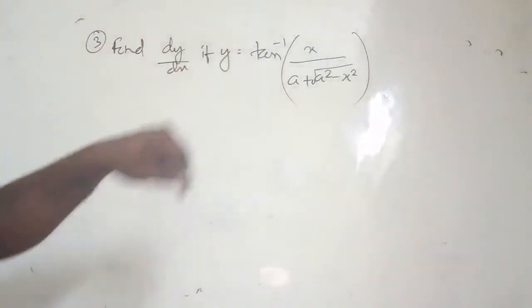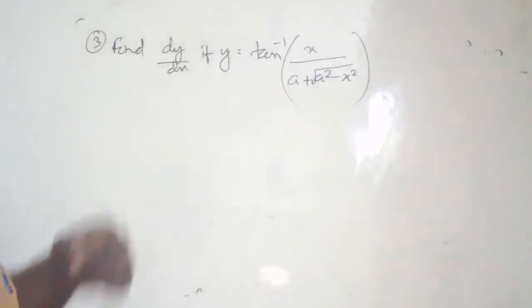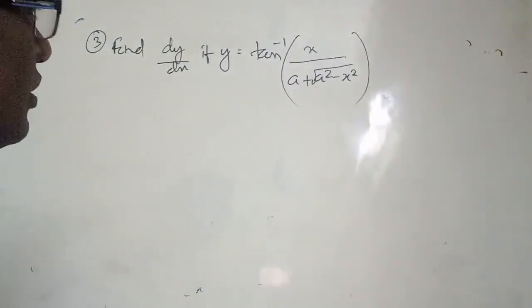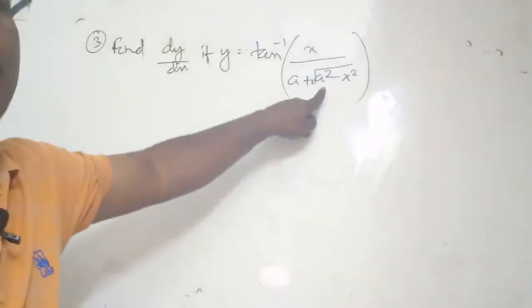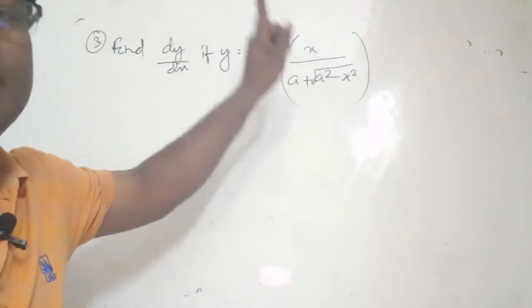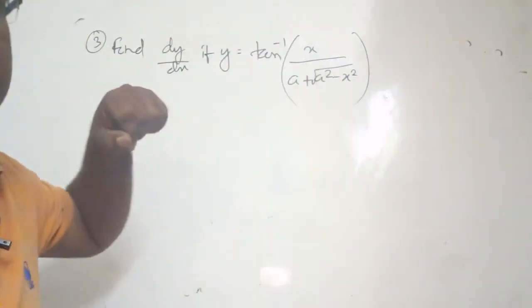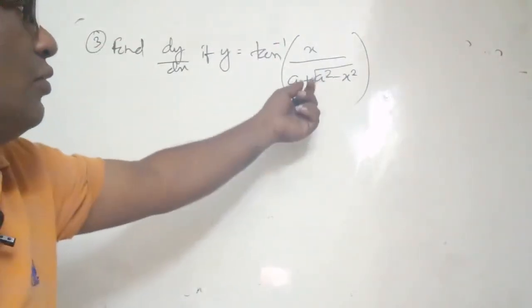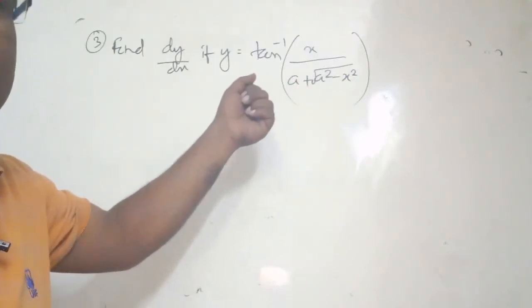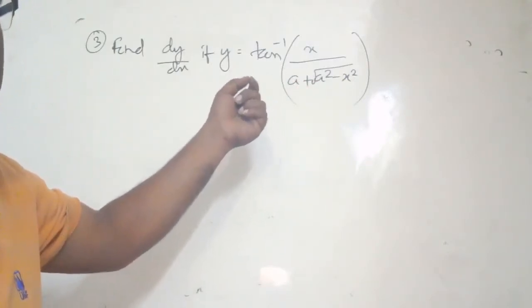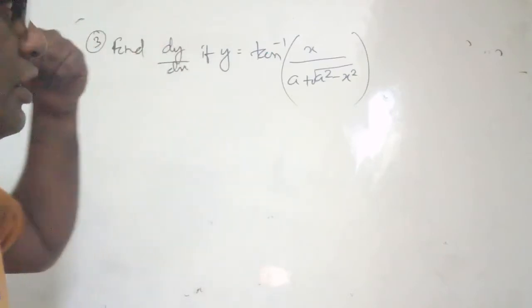And another question: y equal to tan inverse of x by a plus root over a square minus x square. It is in the form of a square minus x square. What is the substitution? Put x is equal to a sin theta. So a square times 1 minus sin square theta, root over means cos theta.